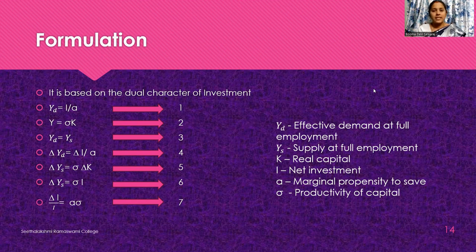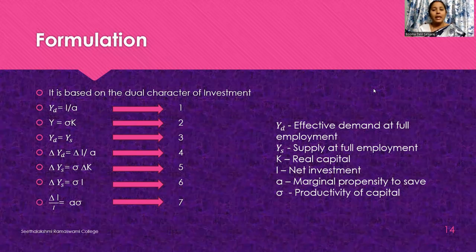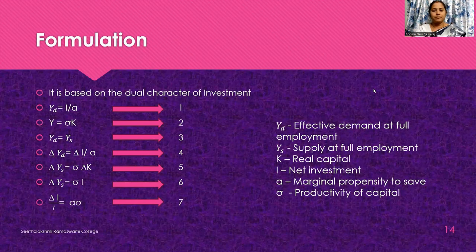This equation explains the demand side of the investment. Here, the second equation, Y_S is equal to sigma into K, explains that the supply of output at full employment depends on two factors, that is, productive capacity of capital and the amount of real capital. Any increase or decrease in these two factors will change the supply of output. It is the supply side of the investment.